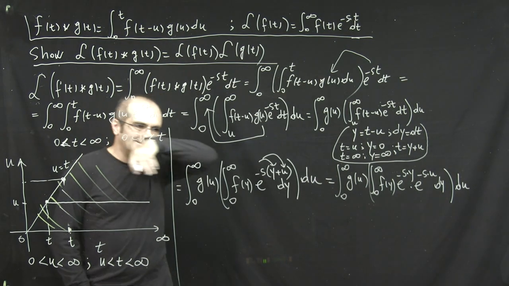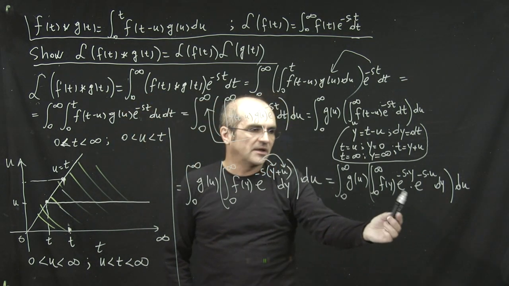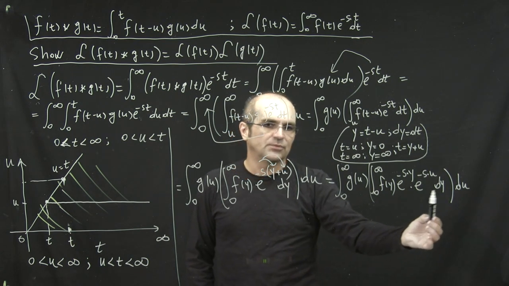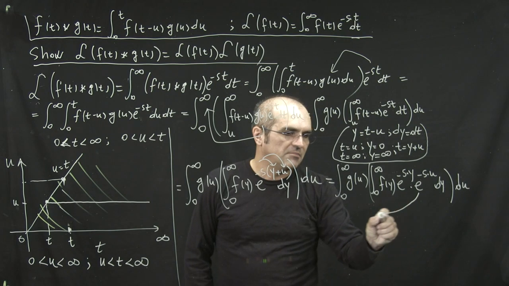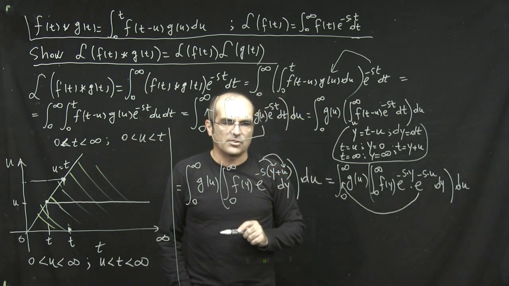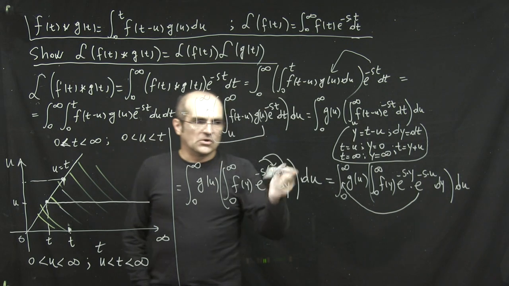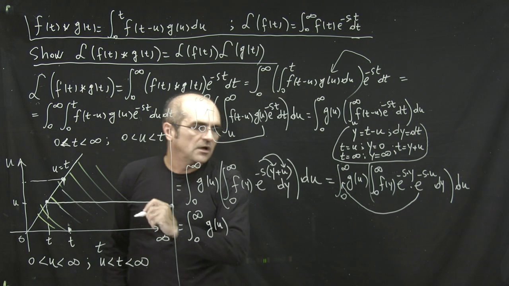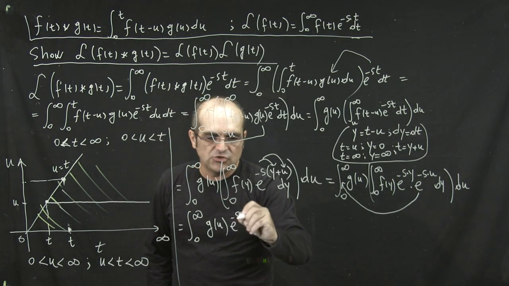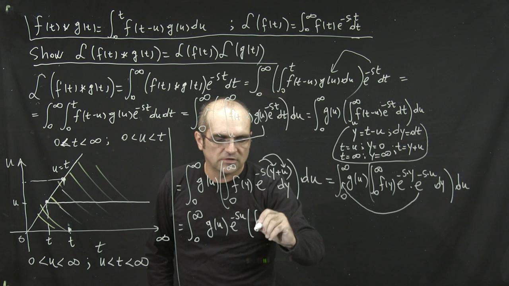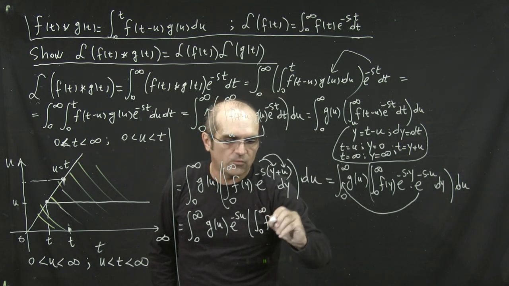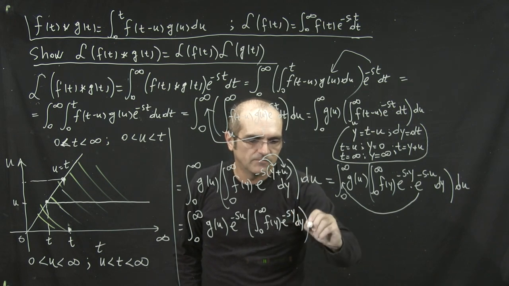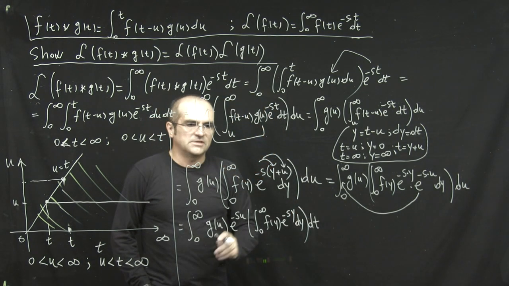We're finally getting closer to the conclusion, because notice another important aspect here: e to the minus su is a constant with respect to y. This can be pulled out of the innermost integral at this point. So the integral becomes g of u e to the minus su, and the innermost integral is from 0 to infinity of f of y e to the minus sy dy, du.